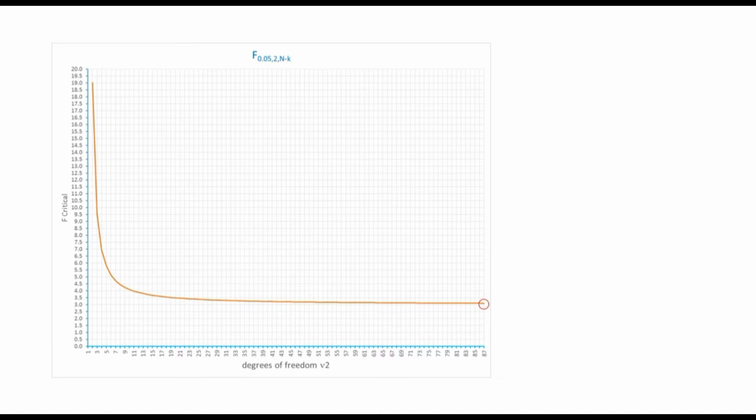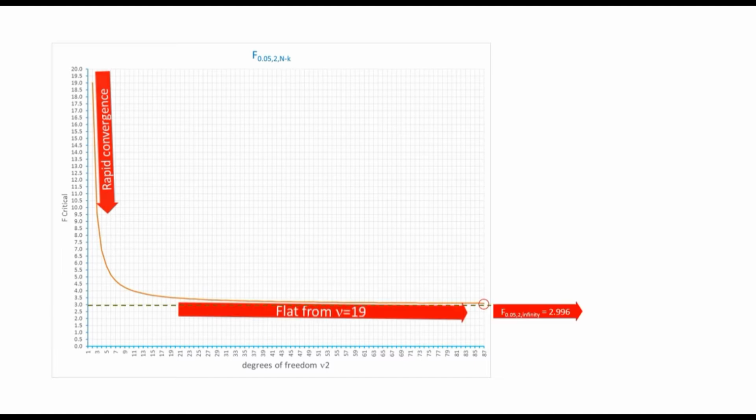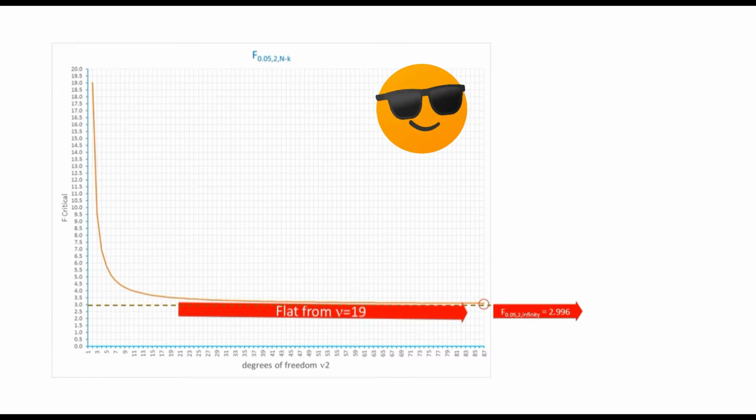So by observation you can see this is not a simple linear function, and there's a rapid decrease in the critical value in the very first few degrees of freedom, followed by a very flat section from about 19 degrees of freedom all the way out to infinity. In fact, the value at infinity is just less than 3. So this is extremely flat after about 19 degrees of freedom.